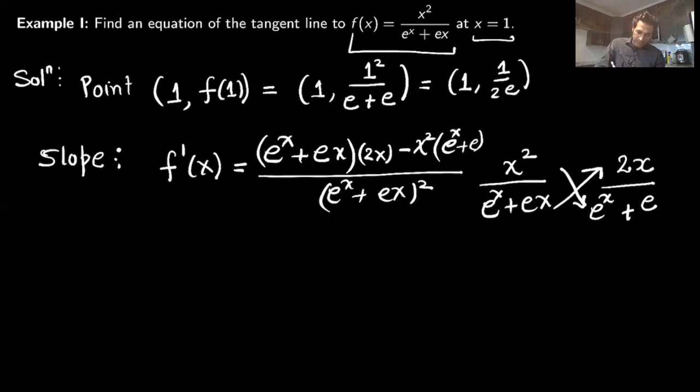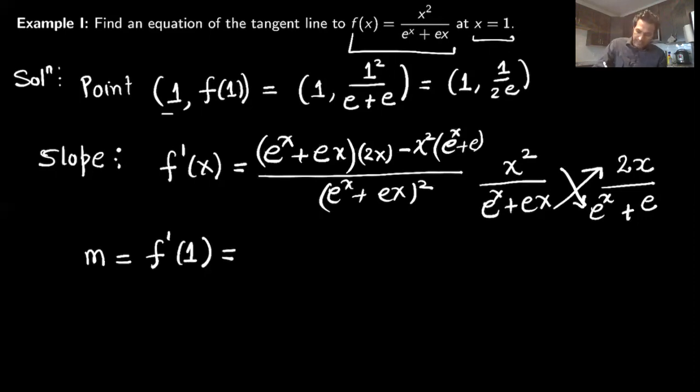Next, the slope is the derivative of the function at the x value. The x value is 1, so we plug 1 into the derivative of the function, and that quantity will give us the slope of the tangent line.